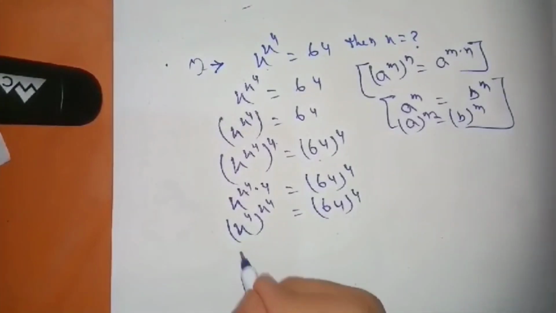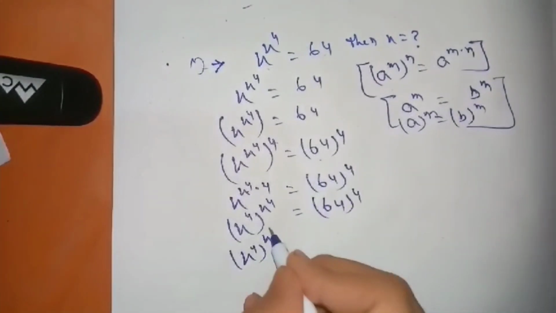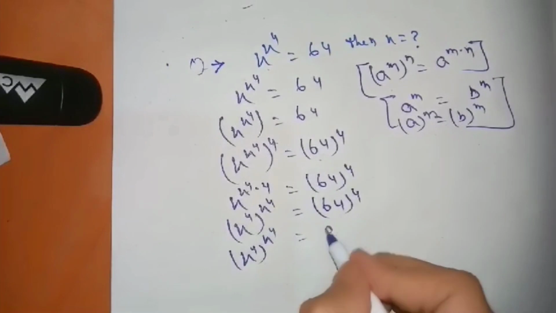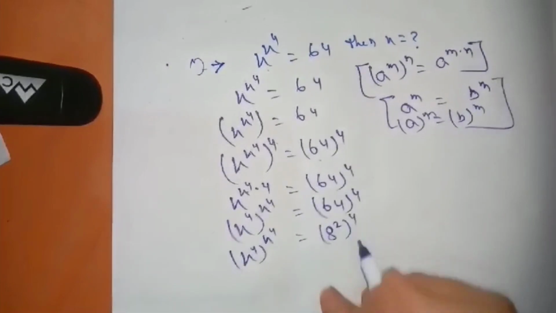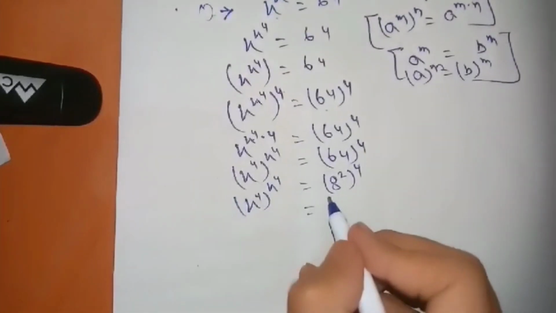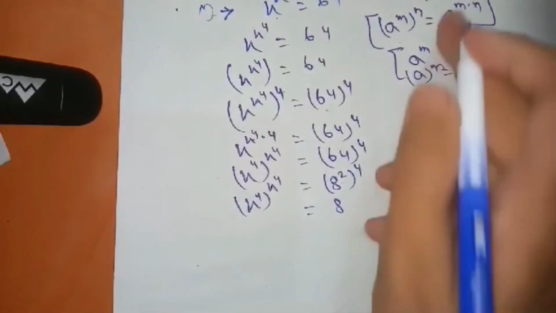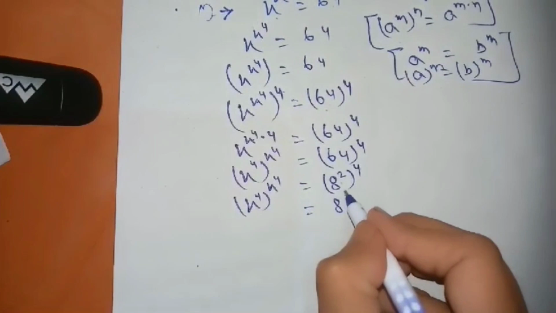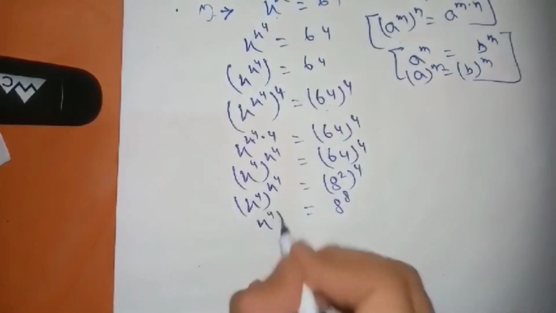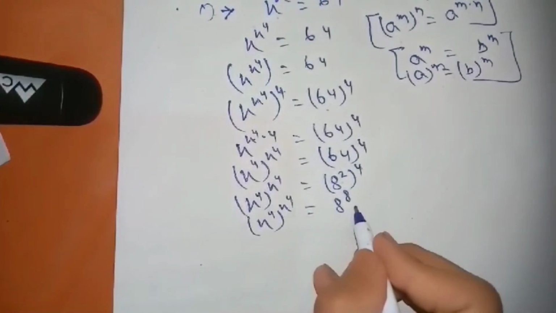Now listen, 64 can be written as 8 to the power 2. Now by this exponent rule we can multiply the powers, so it becomes 8. So x to the power 4, x to the power 4 equals 8 to the power 8.